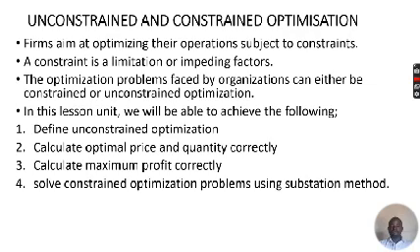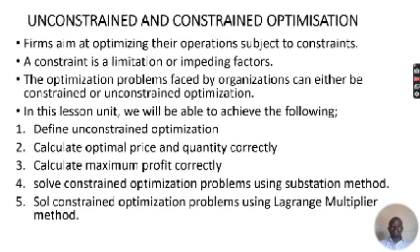Number four, we'll be able to solve constrained optimization problems using the substitution method, that is the simultaneous substitution method. And lastly, we'll be able to solve constrained optimization problems using the Lagrange multiplier method.